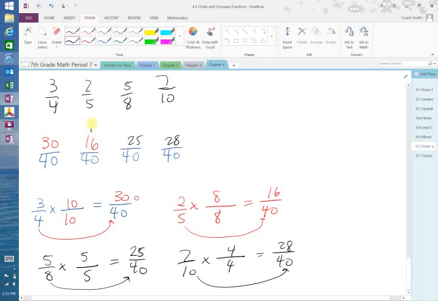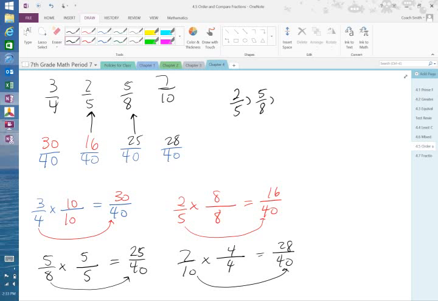16. So it's the smallest, and it represents 2/5. What's the next smallest? 25, 28, or 30? 25. That represents 5 over 8. You will notice I'm putting the original fraction in our answer, not the new fraction. Okay?